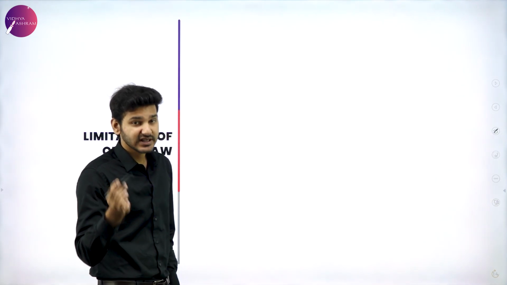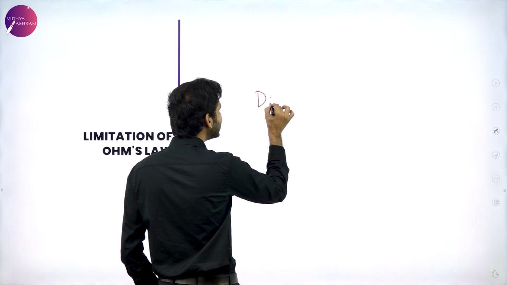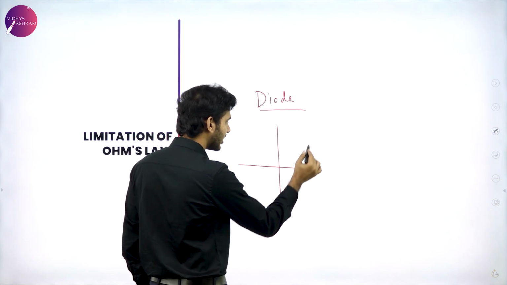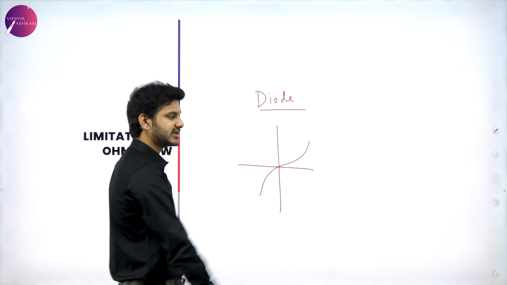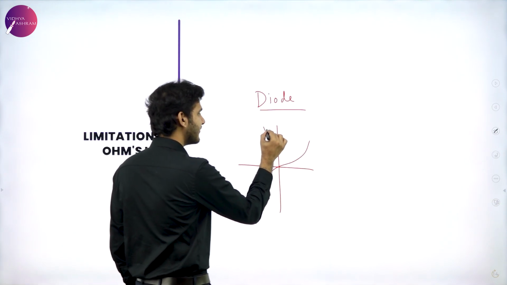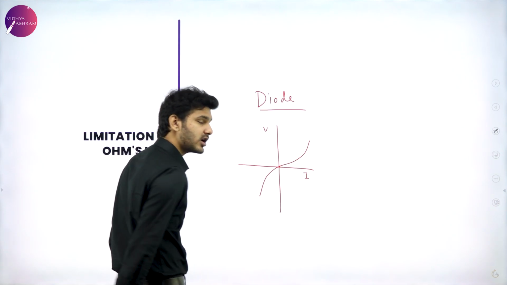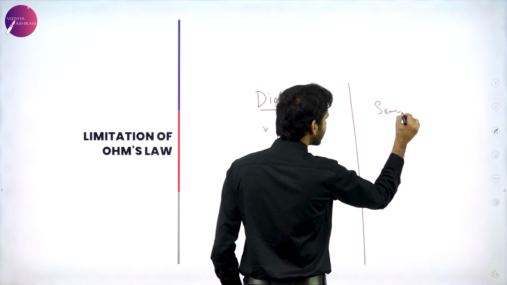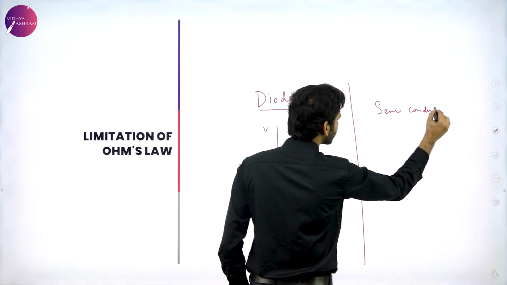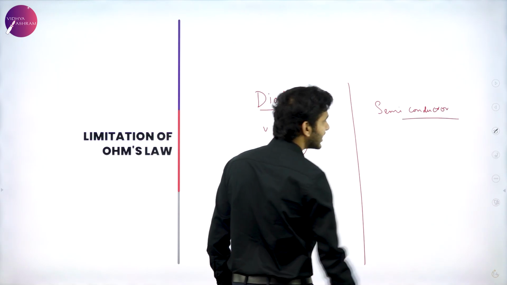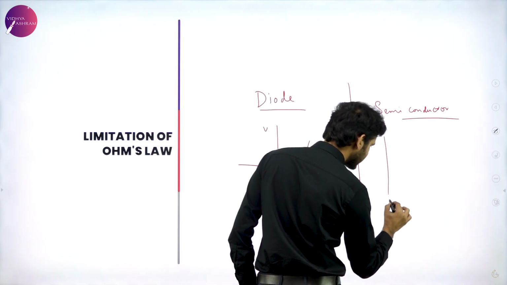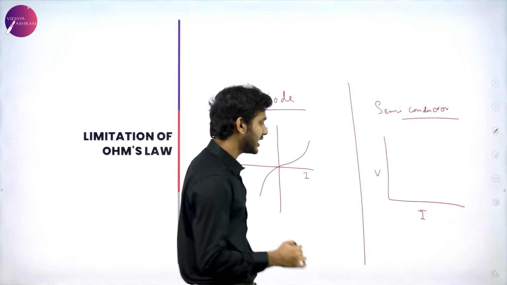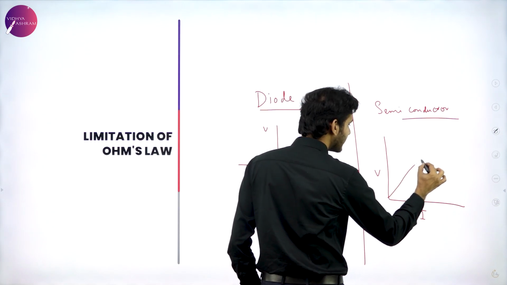I just want you to remember the nature of the graphs. For a diode, it will be like an S shape. That is, if I plot a graph, it will be like this. Now this is a V against I graph for a diode, and if I plot it for a semiconductor, the nature of the graph will be such that, in V against I, initially Ohm's law is being held, but after some time Ohm's law is not being applied.